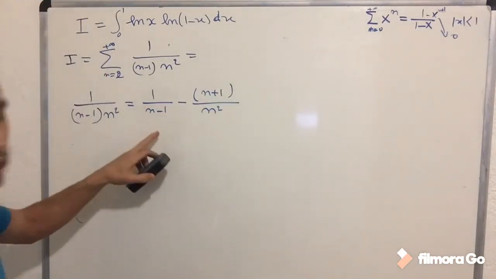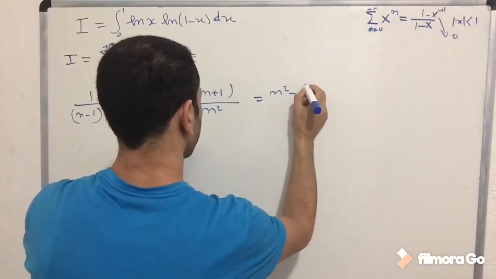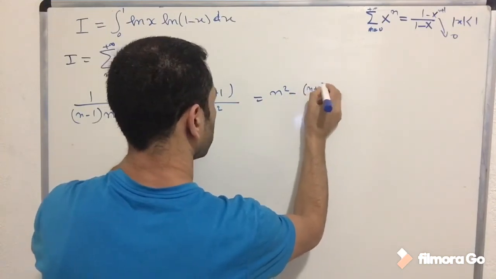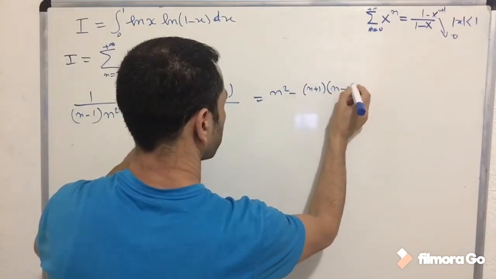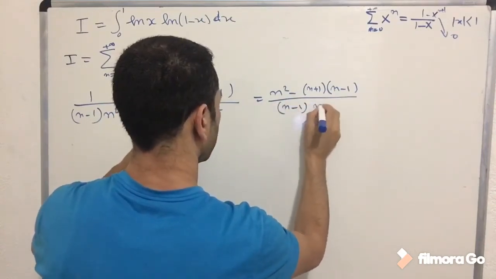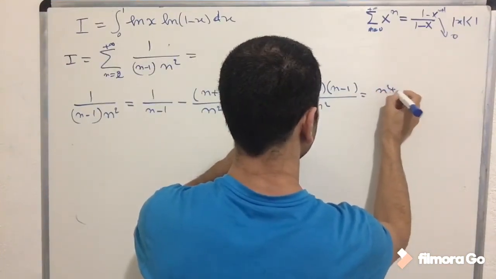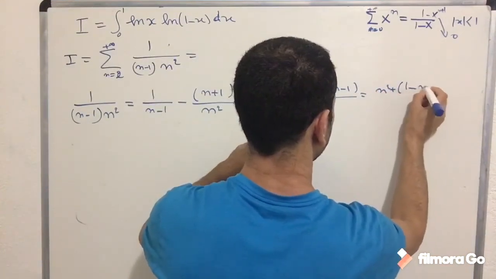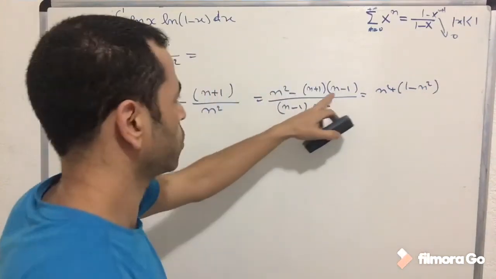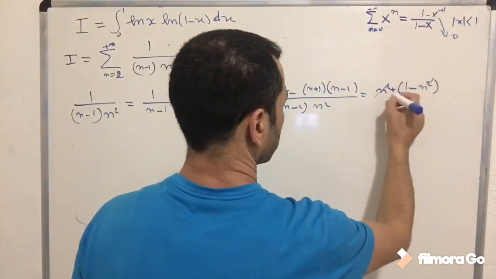If you distribute this, it becomes n squared minus (n plus 1) times (n minus 1) over (n minus 1) n squared, equals 1 minus n squared, so n squared cancels out.